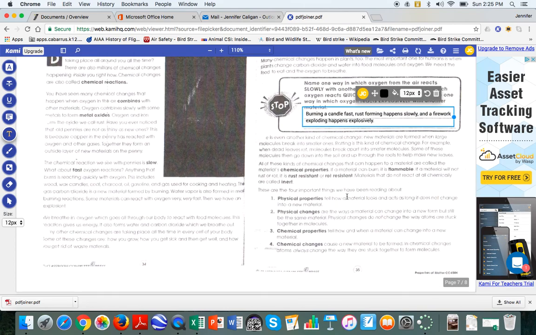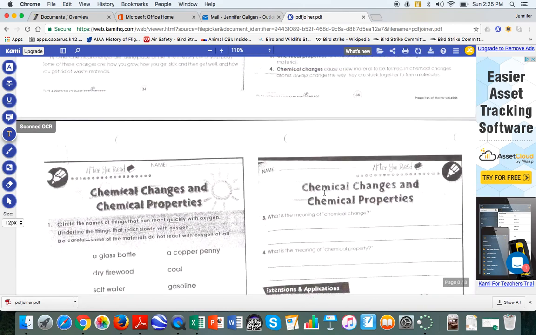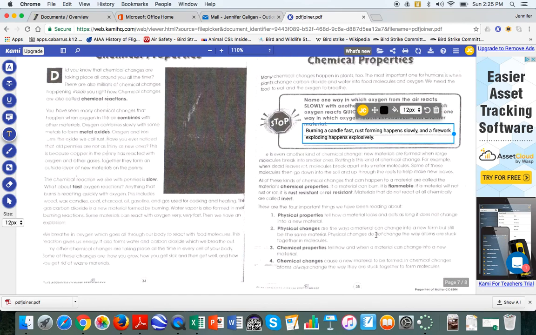All right, so coming down here, it's just kind of summarizing everything up. Down at the bottom, if a material can burn, we call that flammable. If a material won't rust or rot, it's called rust resistant or rot resistant. I'm not super worried about those things. So these are just a summary of physical properties and chemical changes.